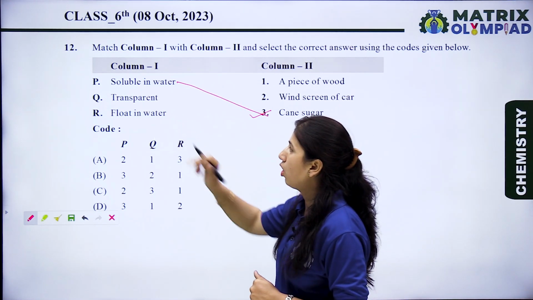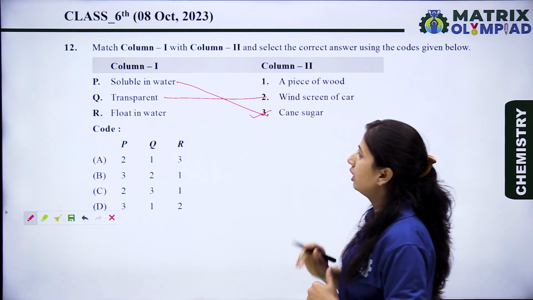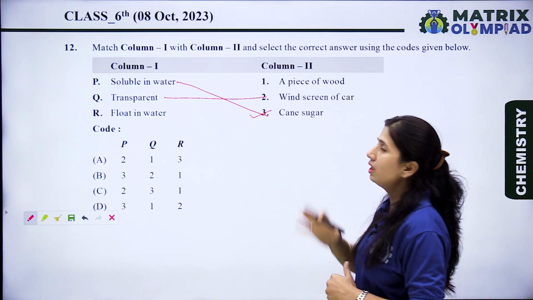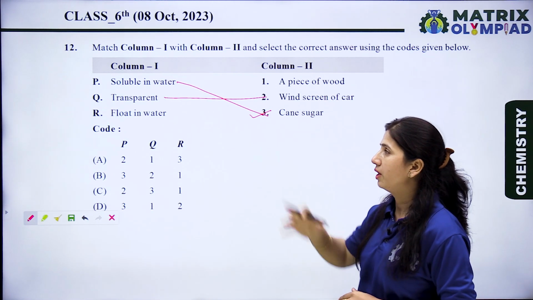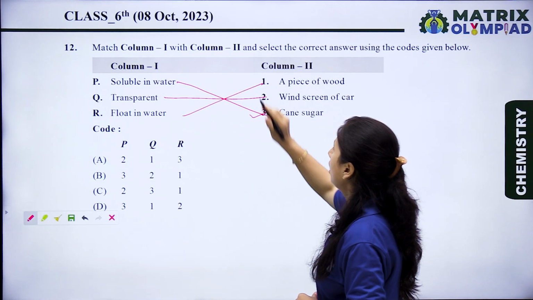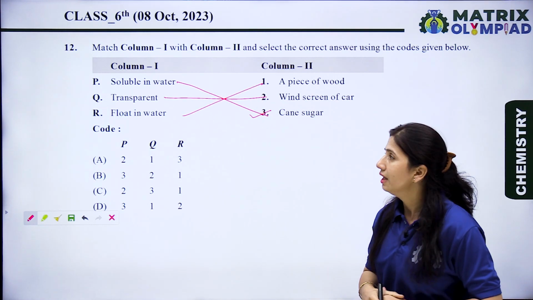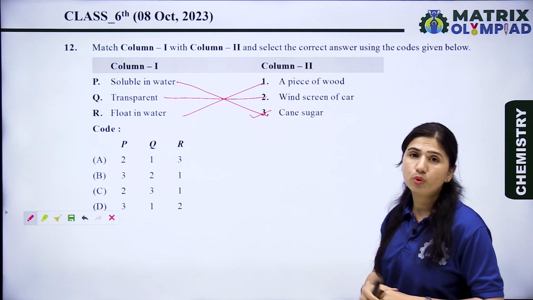Now the second option is transparent. Second option is matched with the Q option. Windscreen of car is transparent. Now the R is float in water. So a piece of wood easily floats in water. How can it easily float in water?